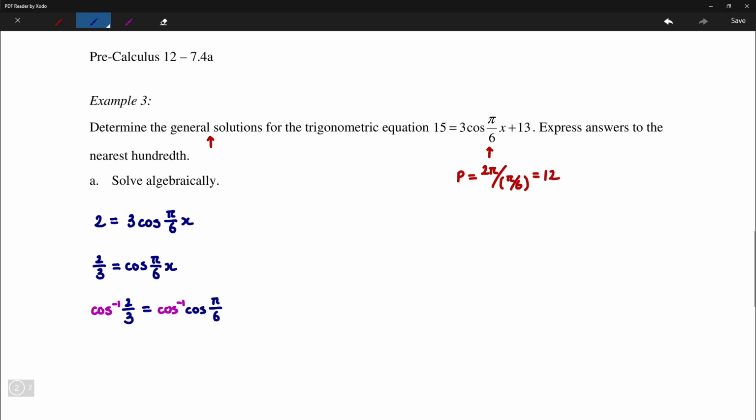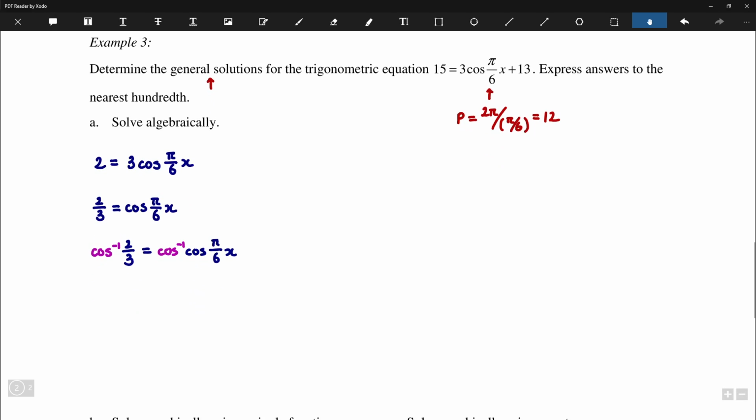The idea here is that on the right-hand side, the arc cosine and cosine will eliminate each other. And then the equation will simplify to just pi over 6x is equal to arc cosine of 2 over 3.